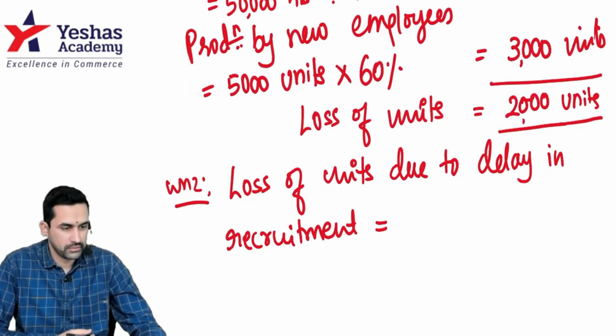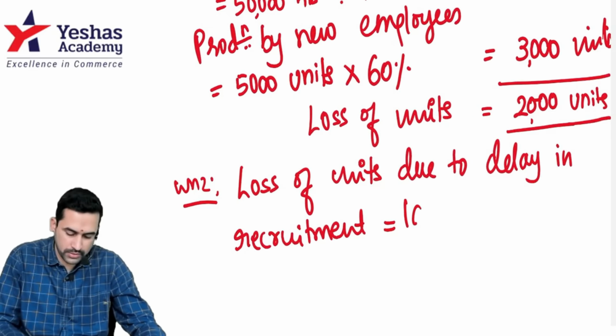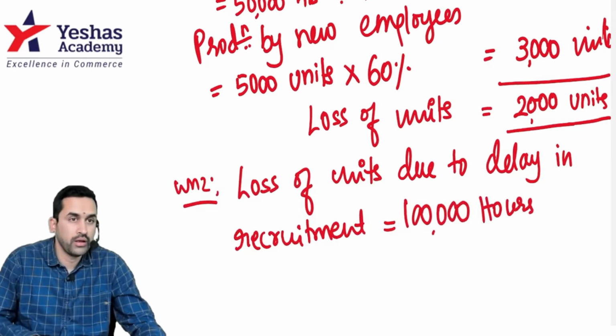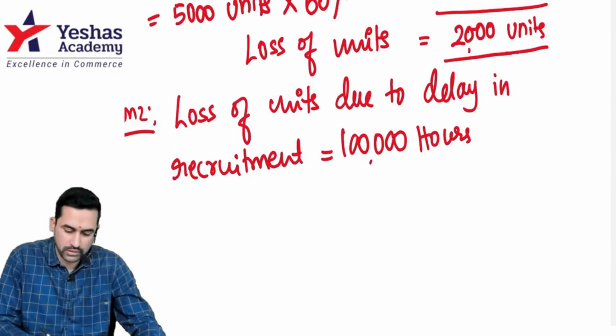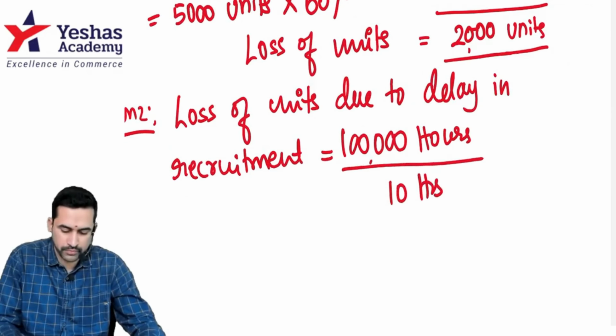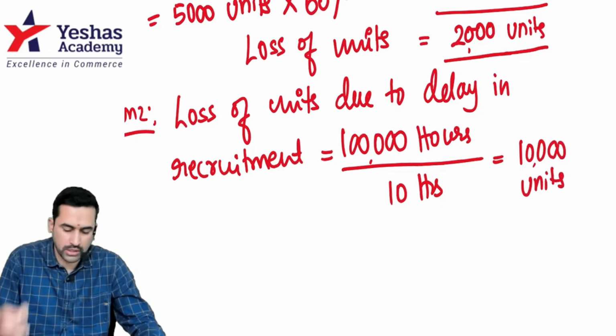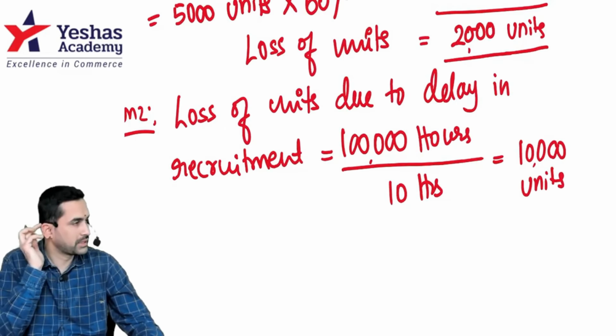One employee left, another employee joined, but in between there was a gap. Such total gaps for the full year were 1 lakh hours. If those old employees had continued, then they would have produced 10,000 units. Sir, should I not do into 60% here?